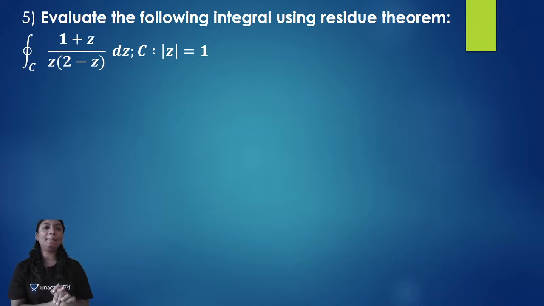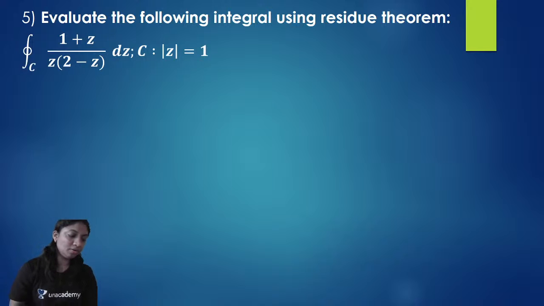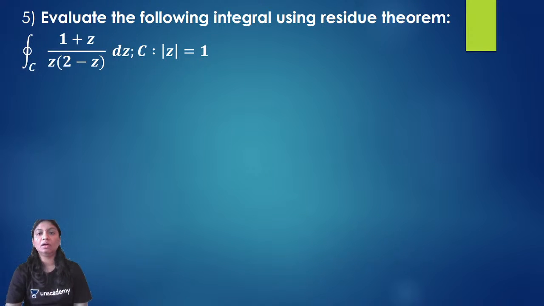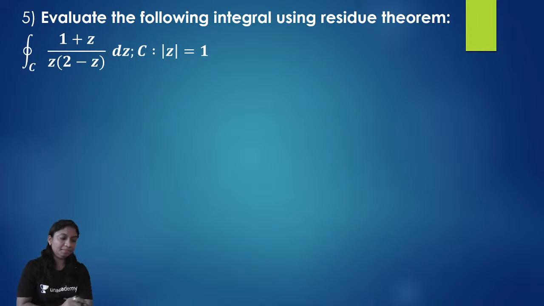What do we have to do here? Evaluate the following integral using the residue theorem. So first we have to find the residue for this, and then evaluate by using the residue theorem. So first we will write down the residue theorem. What is the residue theorem?